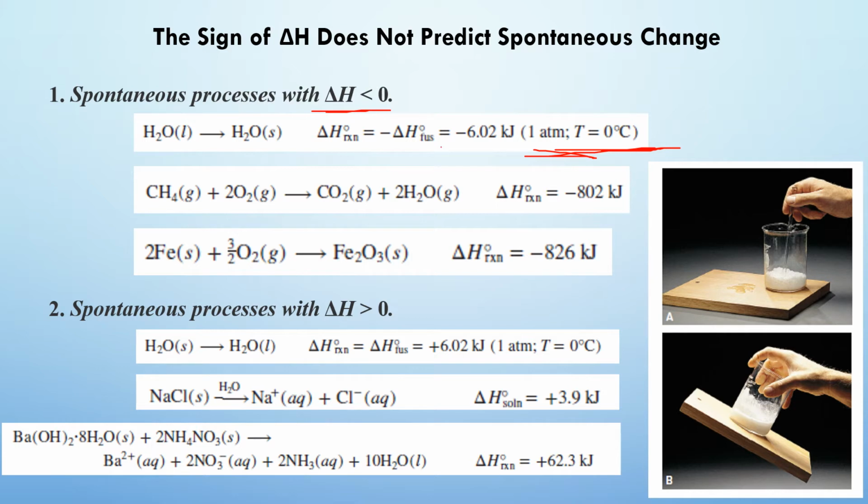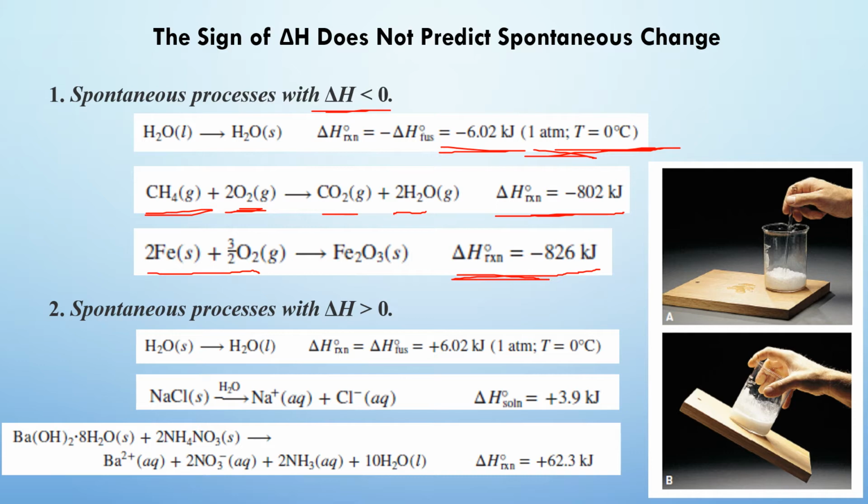This is an isothermal process, but at this temperature, freezing is a spontaneous reaction. Also, when you burn methane in oxygen to generate carbon dioxide and water, it releases a lot of energy, so that's also a spontaneous reaction. Also, the rusting of iron in the air, when it reacts with oxygen, is an exothermic reaction.